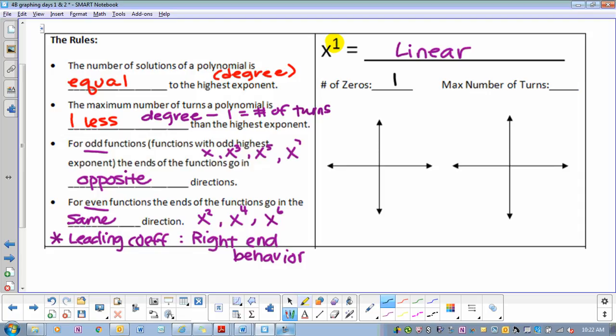So what is your maximum number of terms? It's going to be your degree, your biggest exponent, minus 1. What's 1 minus 1? 0. So there are no terms. Obviously, right? There are no terms in a line, right?